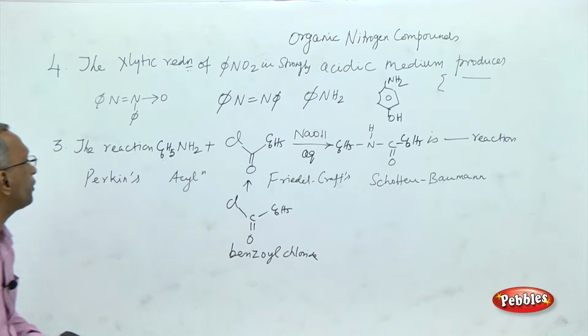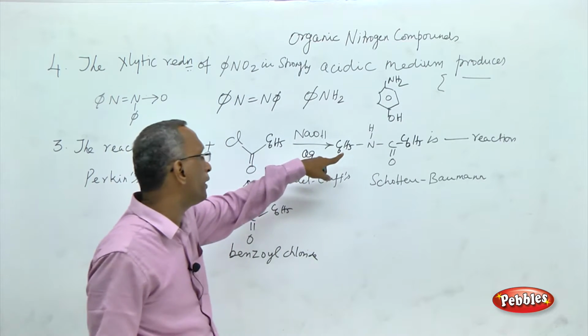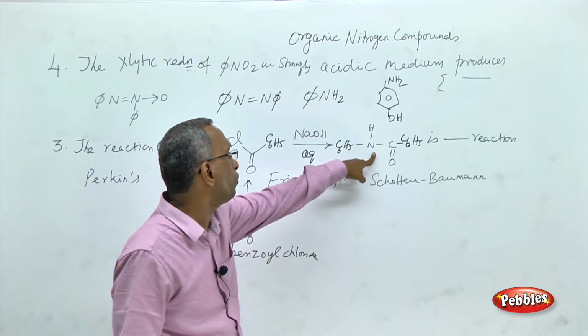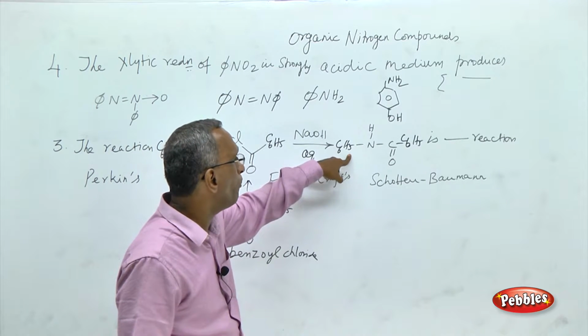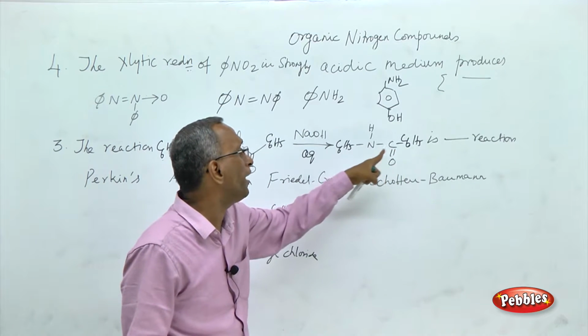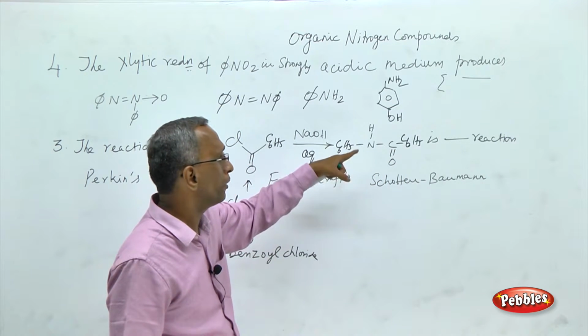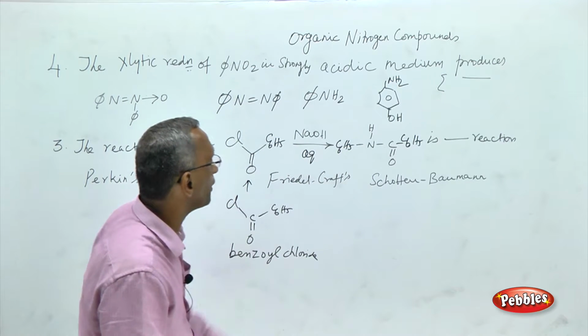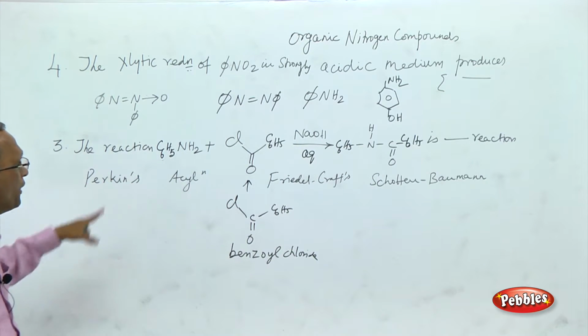The question, to repeat once again: the reaction of aniline plus benzoyl chloride in the presence of aqueous NaOH giving the compound C6H5NHCO C6H5. The name of the product is N-phenylbenzamide, from phenylamine, C6H5NH2. So it is a complex compound. This reaction is given.